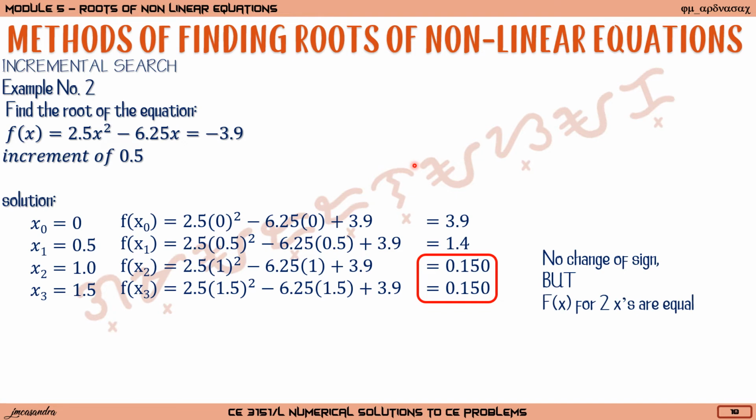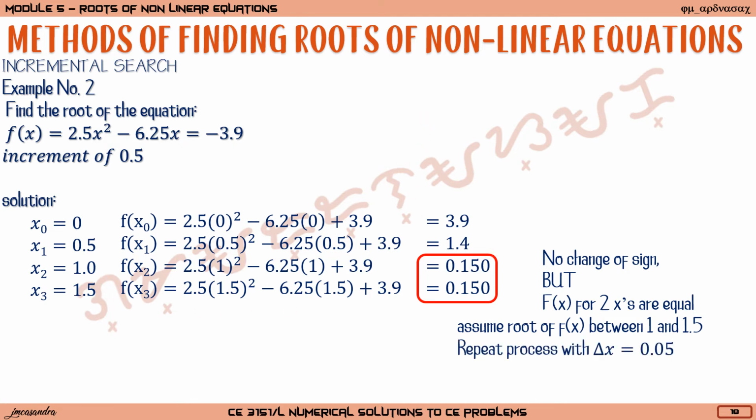So we will now be using the two values of x in which the function of x will have the same result. We'll be assuming now that the root is found between 1 and 1.5.